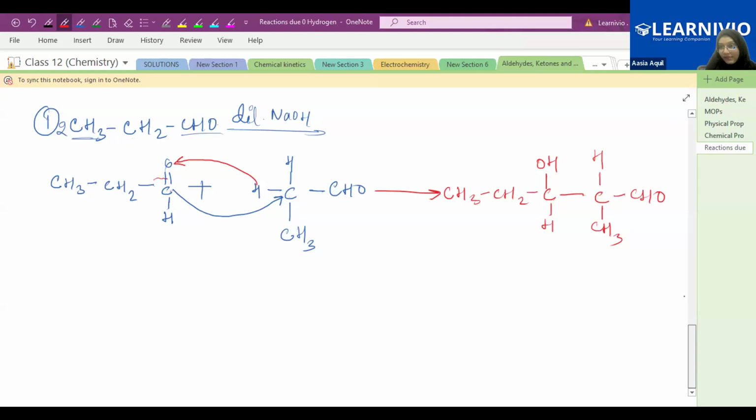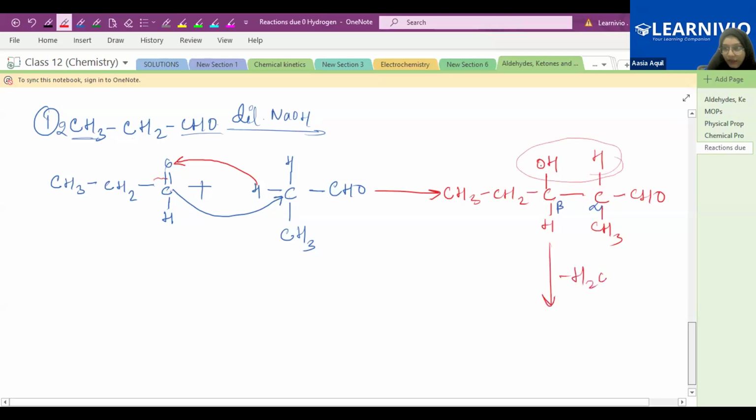So this is what we get. This is your beta hydroxy aldehyde. We just got the aldol. Now once we got the aldol, you know very well, this is the alpha position and this is the beta position. So OH from the beta position and hydrogen from the alpha position, so this H2O will be removed.